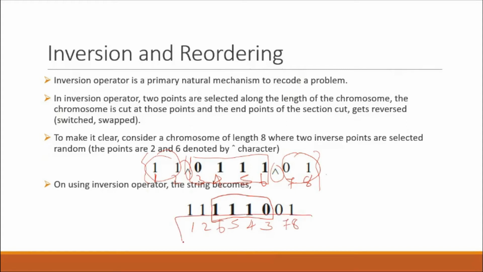If we keep this particular position, it means that scheme is kept in memory. So by reordering this particular chromosome in this order, we can recreate it. That is the importance of this type of inversion operation.